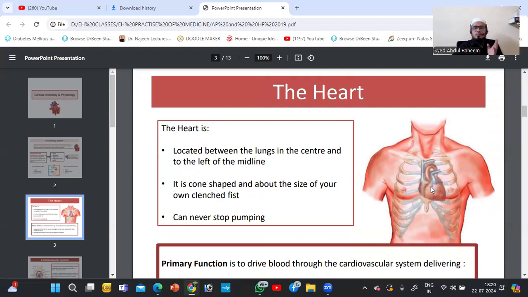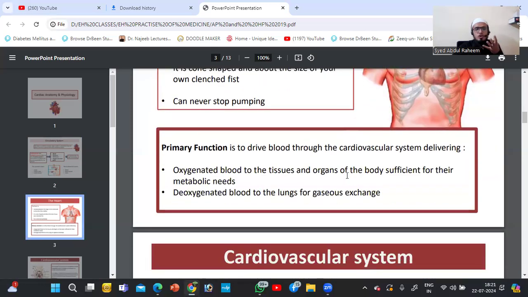Mostly its large area is present in the left side of the chest cavity, and it will never stop, always contraction, relaxation. Its main function is to send the blood to the target area where the exchange of gases and exchange of nutrition occurs.